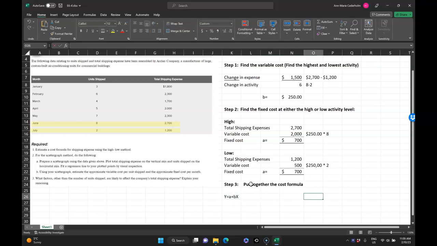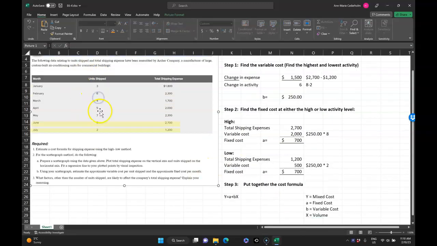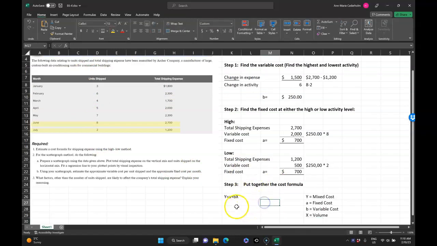And remember, y is your mixed cost. So that is these numbers here, the 18, the 23, the 17, the 2,000, the 23, the 27, the 12. A is your fixed cost, and that's what we calculated to be the 700. B is your variable cost, and that's what we calculated in step 1 to be 250. And then X is your volume. So that would be the 3, 6, 4, 5, 7, 8, 2. That's the volume in this question.